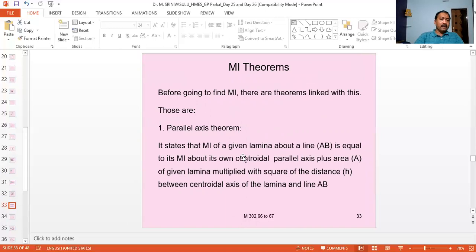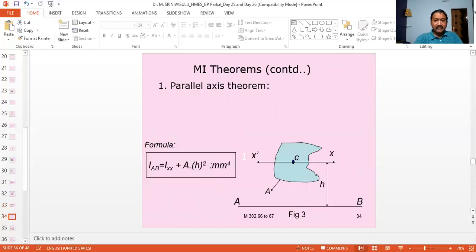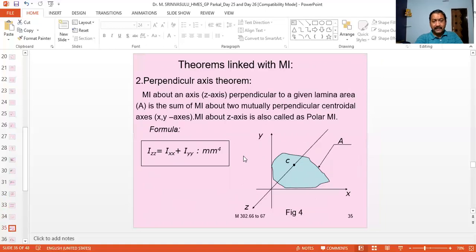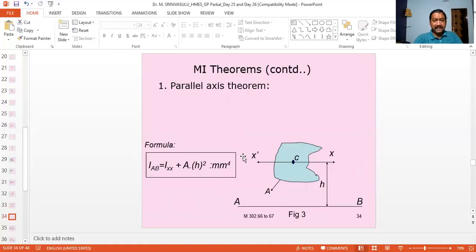Now the moment of inertia has two theorems: one is called the parallel axis theorem, and the second is called the perpendicular axis theorem. First we will study the parallel axis theorem.